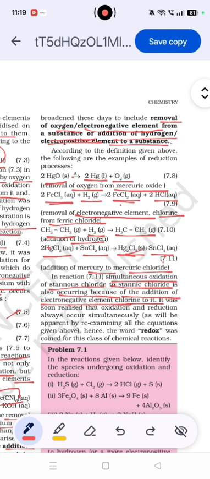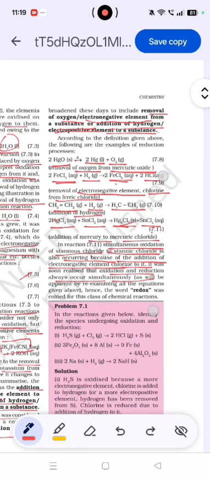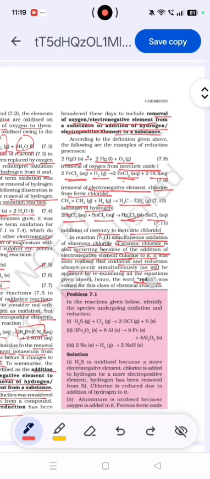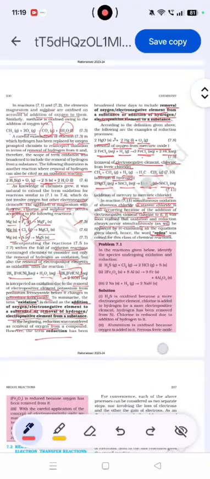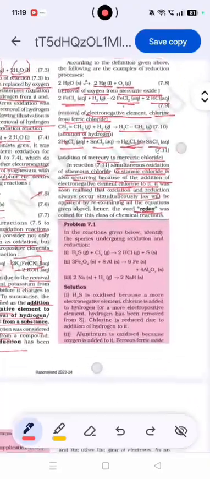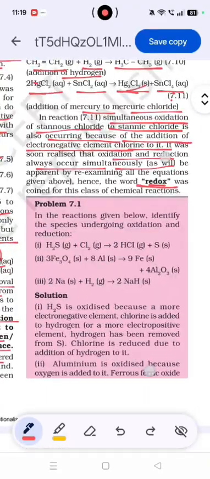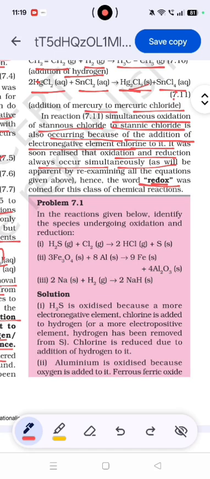It was soon realized that oxidation and reduction always occur simultaneously, and that's why the term redox was used for such type of reaction. Clear? So from here, in these reactions we need to find out the species that undergo oxidation and reduction.